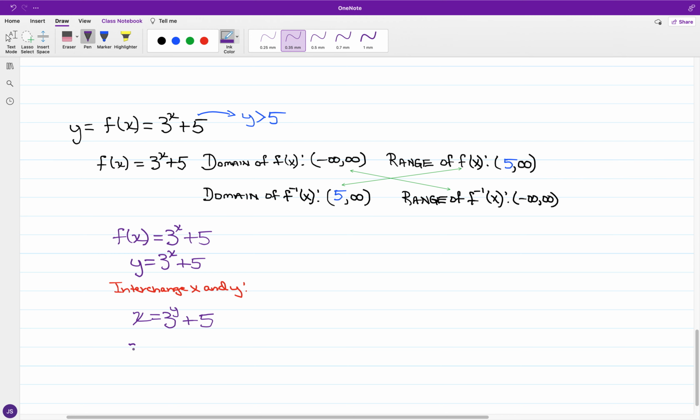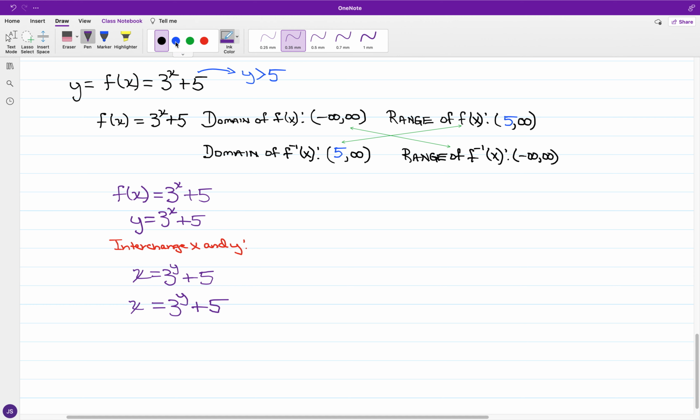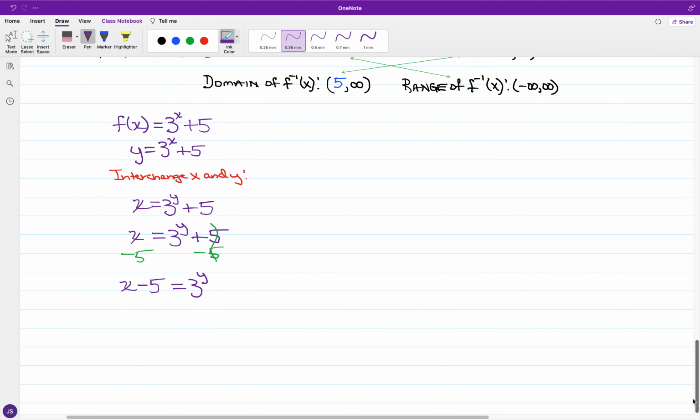And if I get the 3 to the y term by itself, if I take 5 away from both sides, we have x minus 5 is equal to 3 to the y.